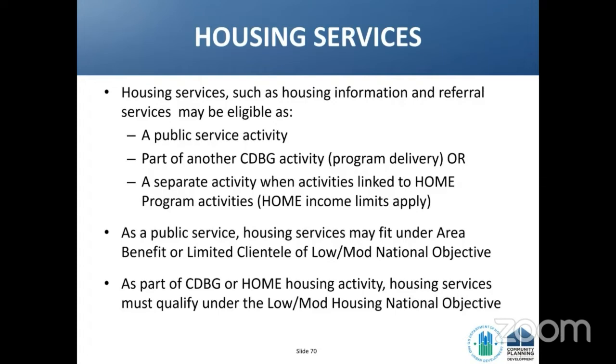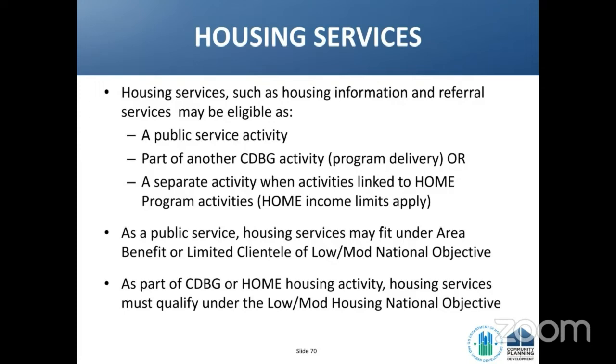Note here that HOME income limits are applicable, but that's eligible under 570.201(k). And if you want to know what those activities are, you have to go to Section 105(a)(21) of the Housing and Community Development Act. If you go to 201(k), it'll refer you to 105(a)(20), but it's (a)(21). Okay.